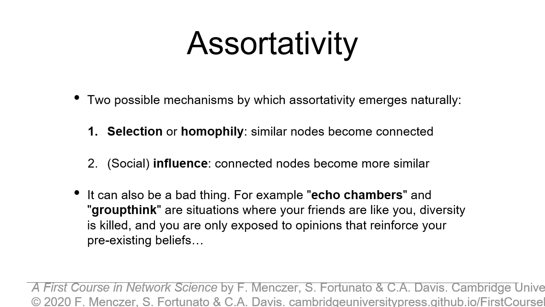For example, echo chamber or group thinking, a situation where your friends are like you. Diversity is killed, and you are only exposed to opinions that reinforce your pre-existing beliefs. That is called the echo chamber effect in social science.